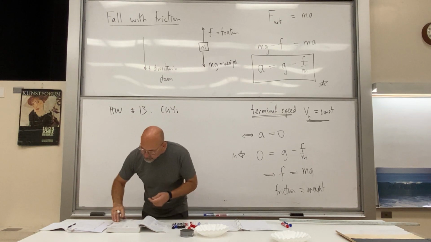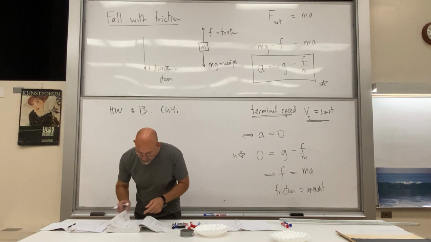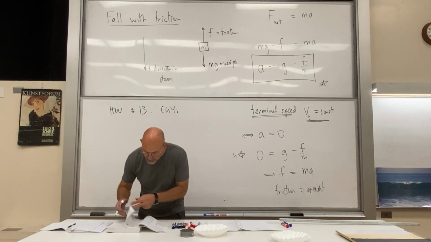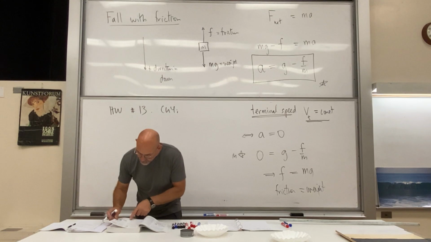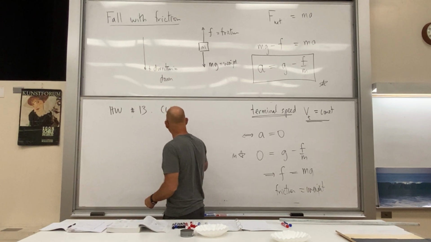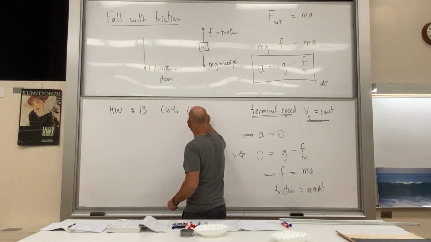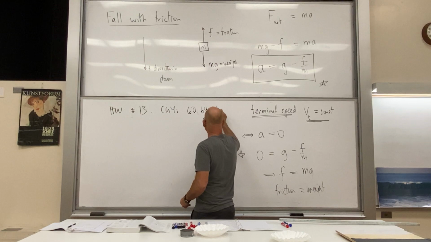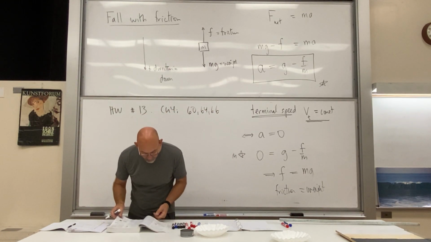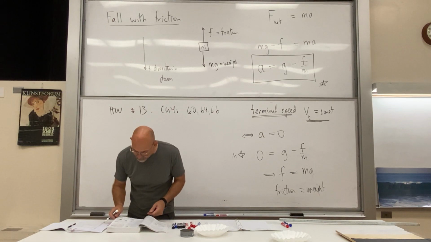Let me check these out. Okay, I did 3 two-body problems, 60, 64, and 66. And it looks to me as though I just chose frictionless problems. You should thank me.